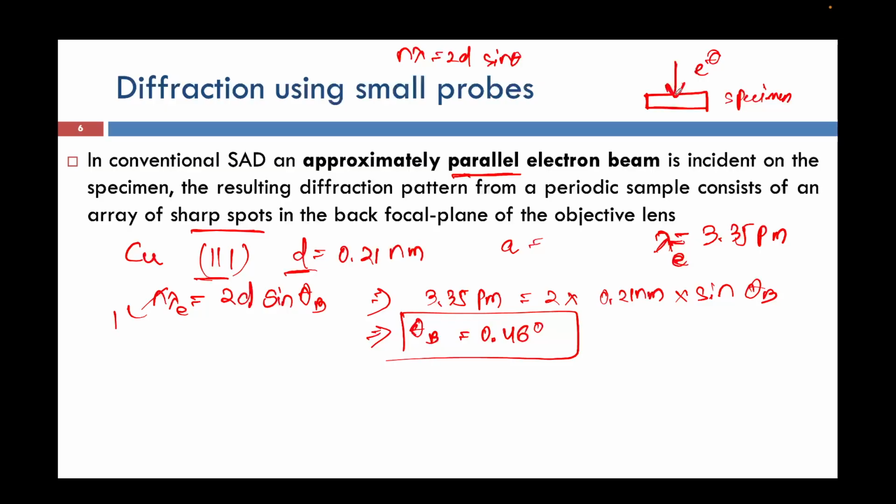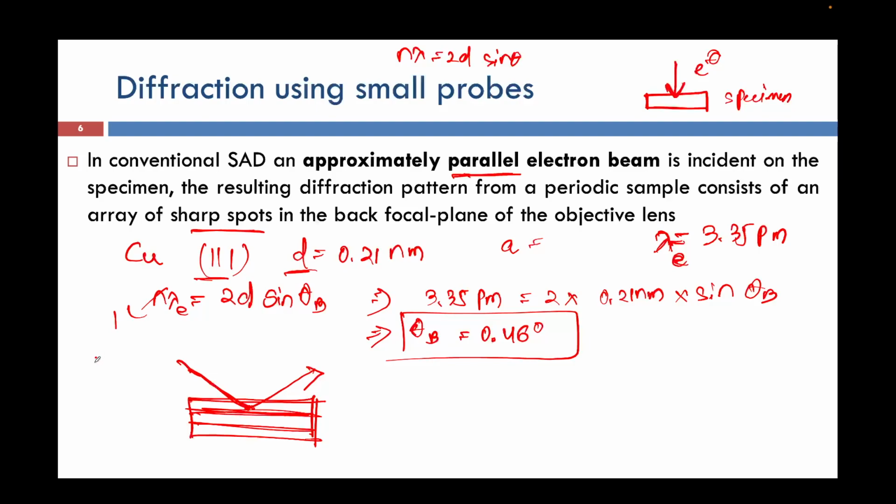I'm giving you a comparison between X-ray diffraction and transmission electron diffraction. In X-ray diffraction, our incident beam comes and goes like that, and we always thought the planes are situated like this. Why did we think like that?